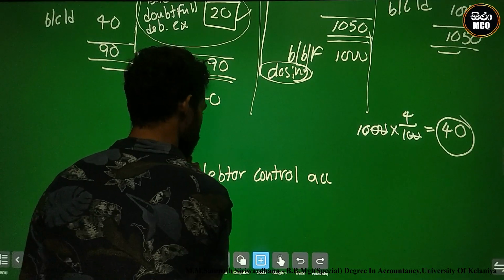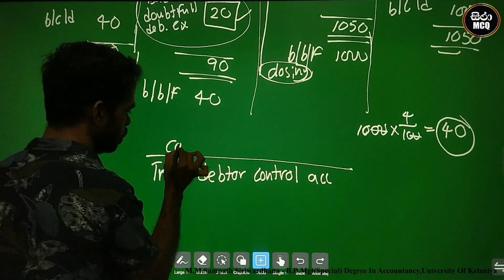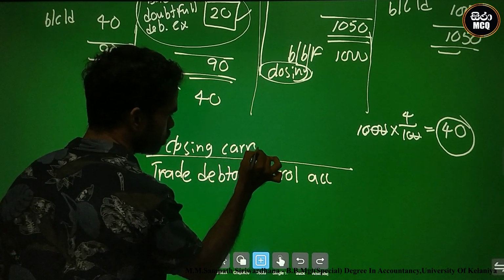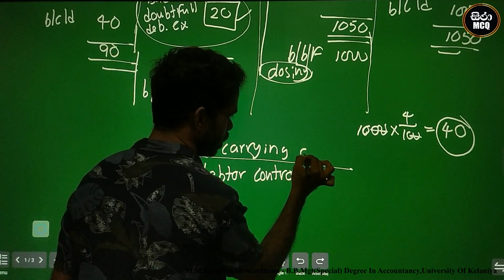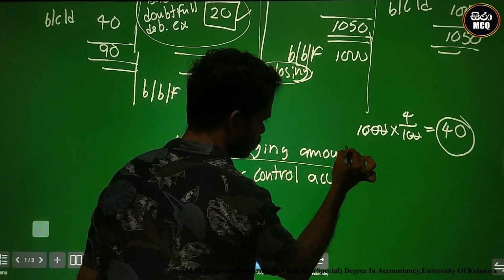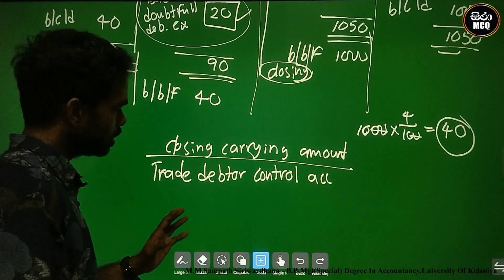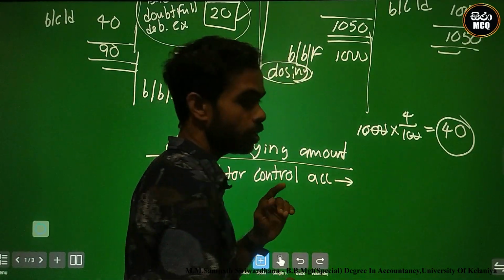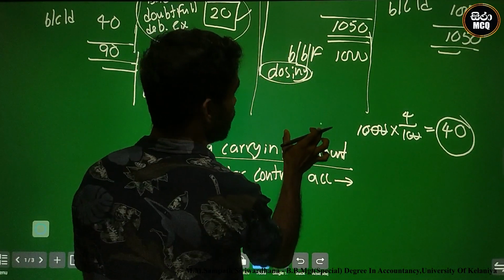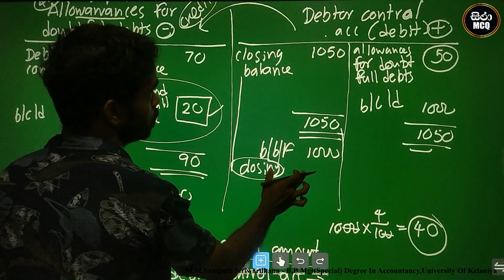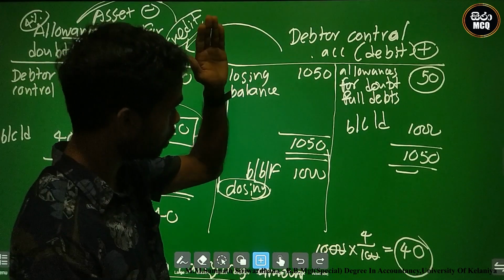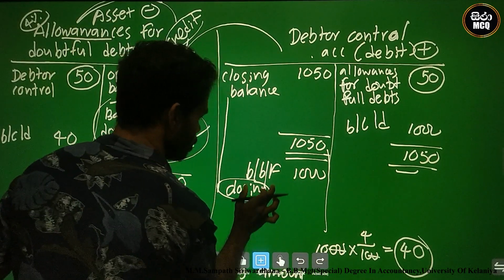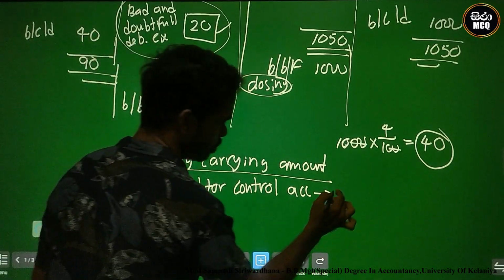This is the closing carrying amount. At this time there's a trade debtor control account balance. We must extract the closing balance. What is the trade debtor control account? This is the trade debtor control account. Final closing balance is 1000. We must extract 1000.